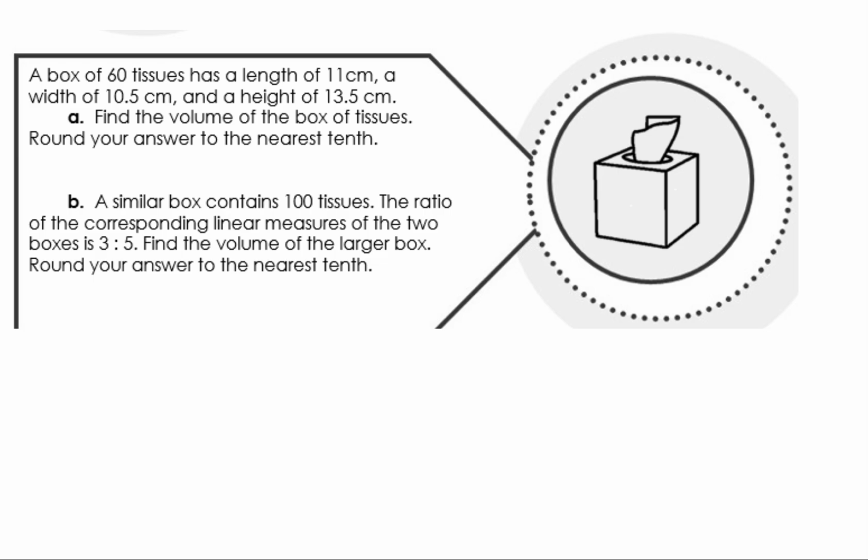Okay, let's check our answer. So this is a box. And from the picture here, I can see that that is a rectangular prism. So I'm going to do 11 times 10.5 times 13.5.